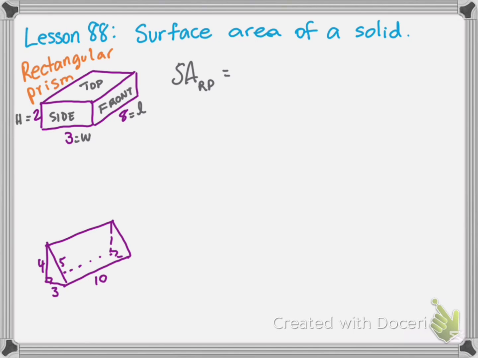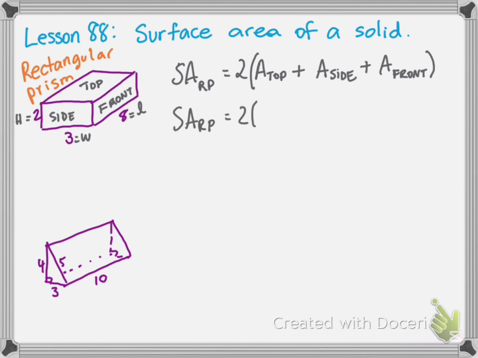So each one of these faces that I just named has also an opposite one on the other side. And so what I want to do is find the area of the top plus the area of the side plus the area of the front. And since all of them have two of them, I'm just going to multiply that times 2. So it's very, very simple.